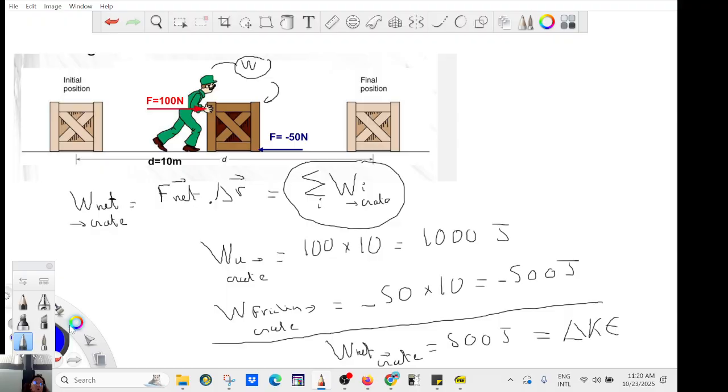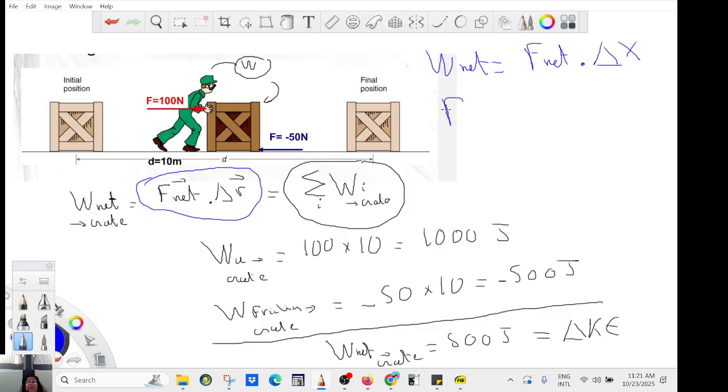Now, you can also do this one. The net work will be the net force times the displacement delta x. I don't have to worry about the dot product because they are parallel. The net force is 100 to the right minus 50 to the left, which is 50.